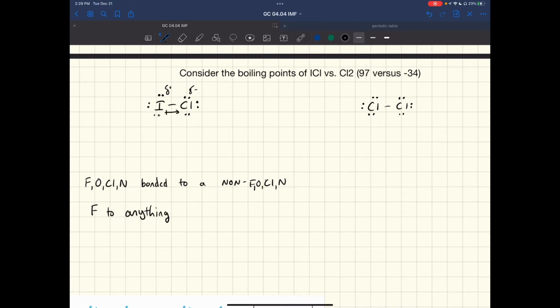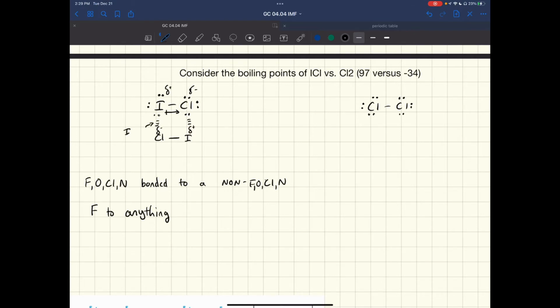So if I have another ICl molecule that comes and lines up this way, where I have the partial positive now on this side and the partial negative on this side, I've got partial positives next to partial negatives, so I can get an interaction between the molecules of ICl.